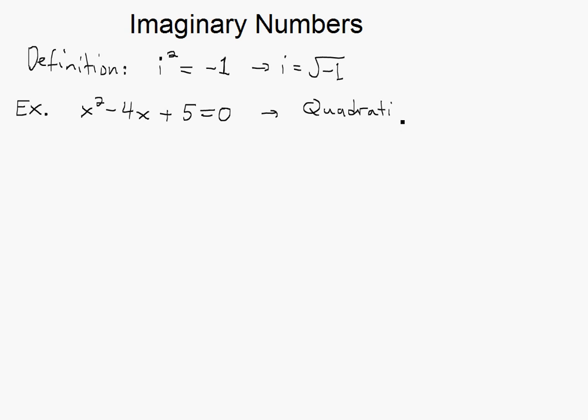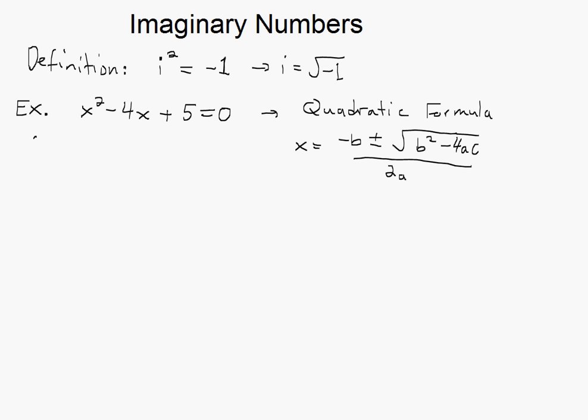You could click the link to see the video in which I proved the quadratic formula. The quadratic formula is basically x equals -b plus or minus the square root of b squared minus 4ac, all divided by 2a.